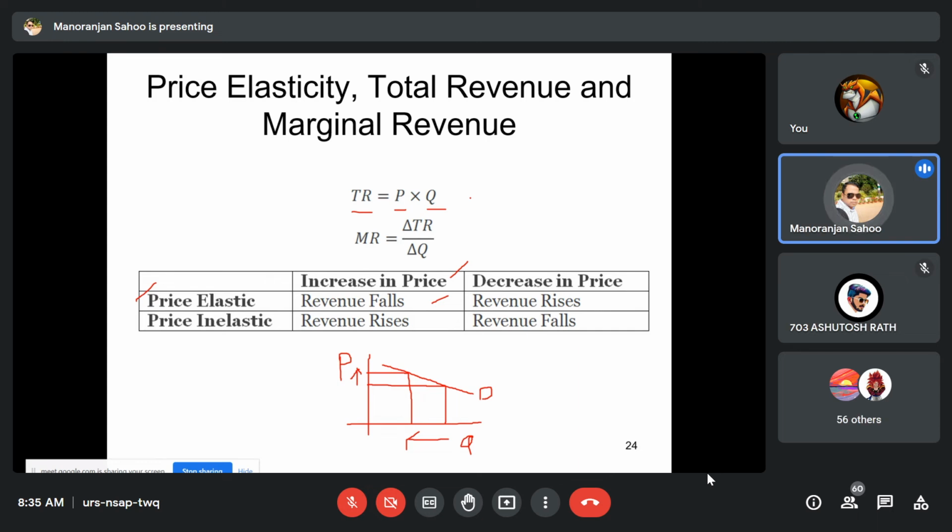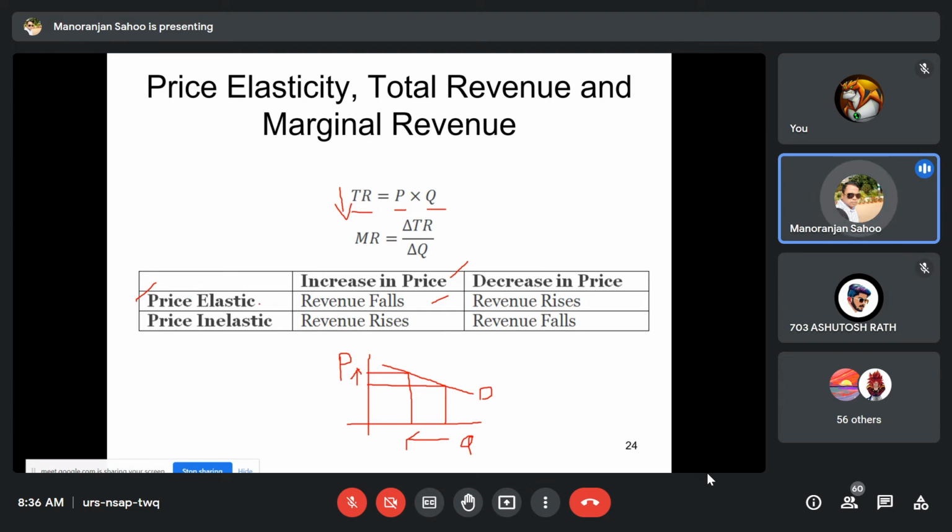So what will happen to the total revenue of the seller when he increases the price? Revenue will fall. Yes, very good, because for a small increase in the price, there will be a large reduction in the quantity demanded, as a result of which total revenue will fall, because it is elastic demand.